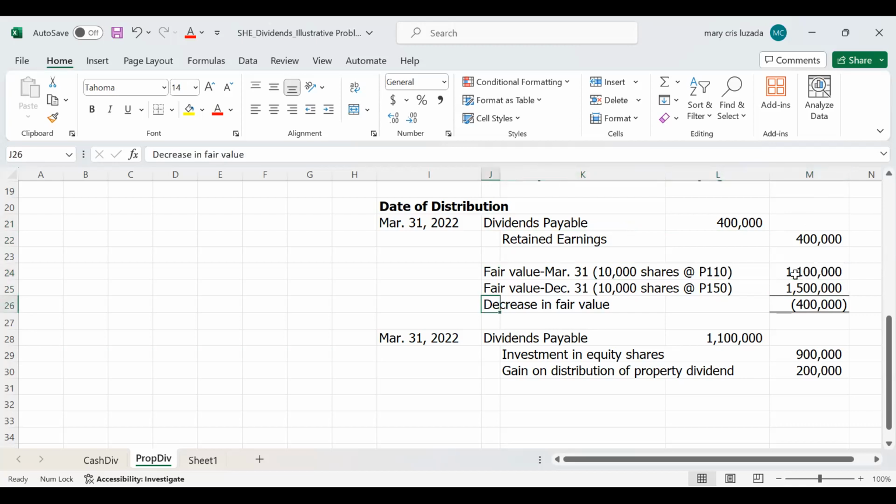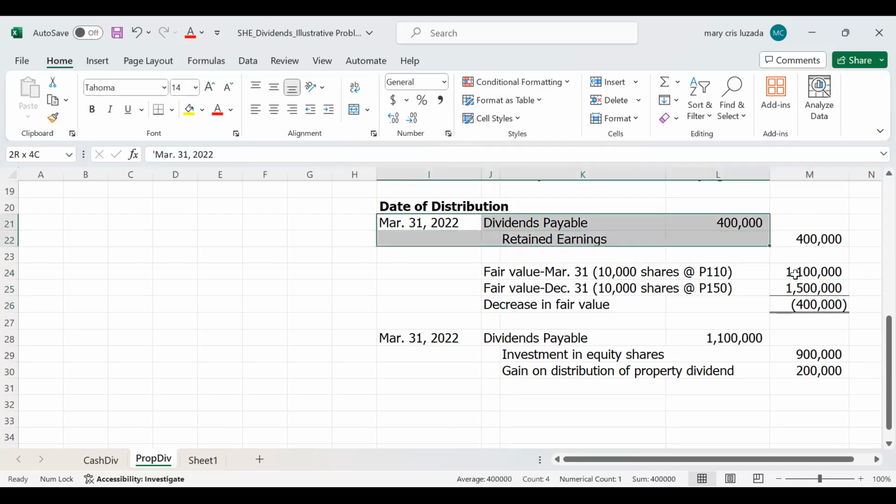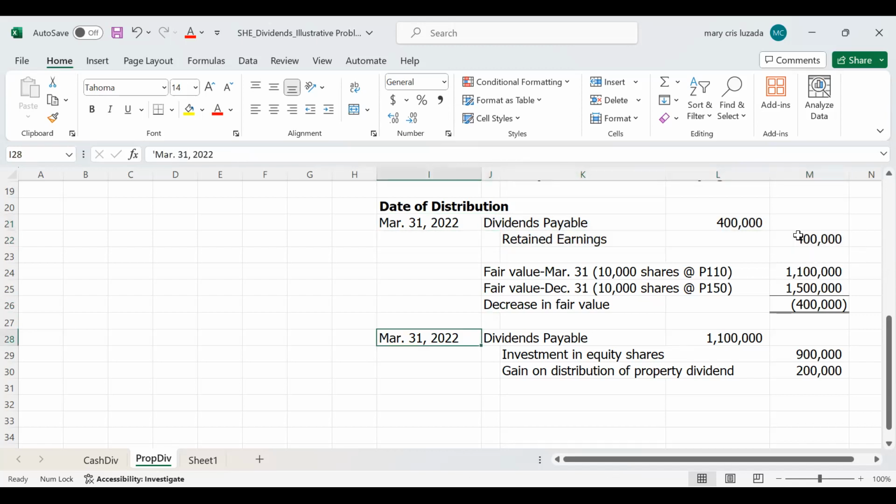Okay? So finally, we have adjusted the dividends payable. We debit our dividends payable at 1.1 million, since this is the balance per record after the adjustment above. Then we credit the investment in equity securities at carrying amount, of course that's 900,000.